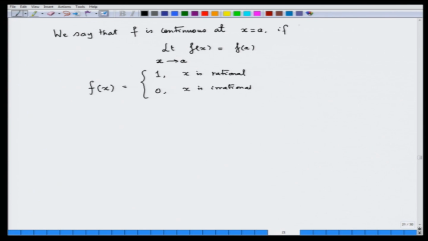So, here is just an extension of this idea. If f is continuous at each x in the domain, then f is continuous over the domain.